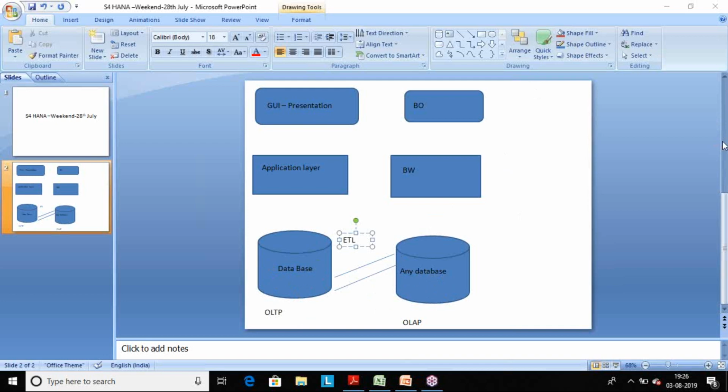Your data was available here, and through the ETL process we transferred it here for processing. Initially the data volume was less, so performance was okay, but gradually as we kept adding data in the source system, the system started behaving very slowly.